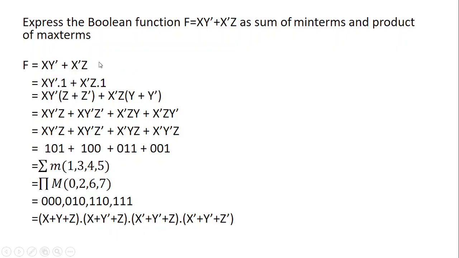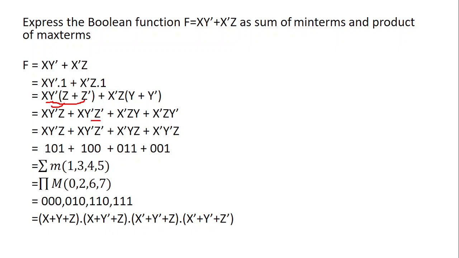Now straight away you start multiplying it. So this is straightforward work. You are not doing anything. You just take this term, multiply it with this. So you get x y bar z. You take this term, multiply it with z bar. So you get x y bar z bar.